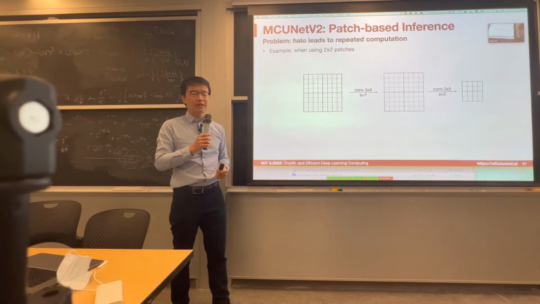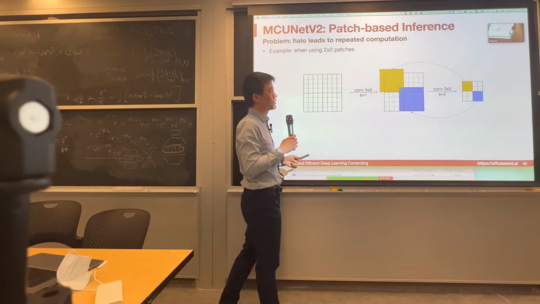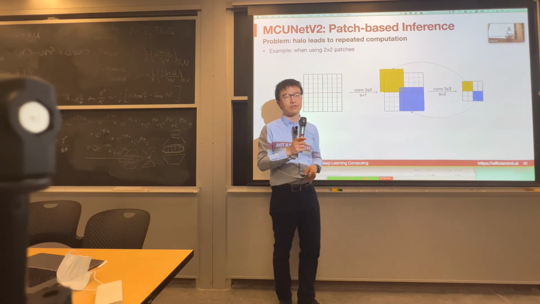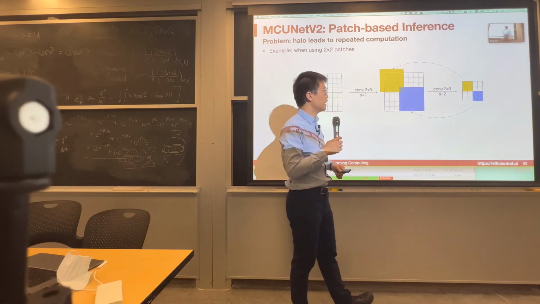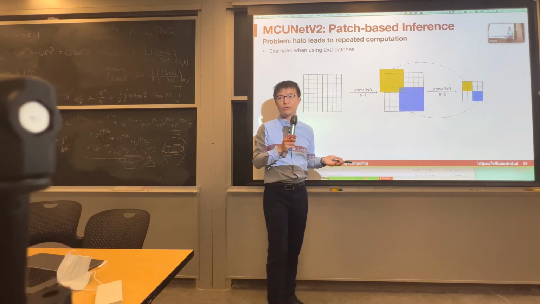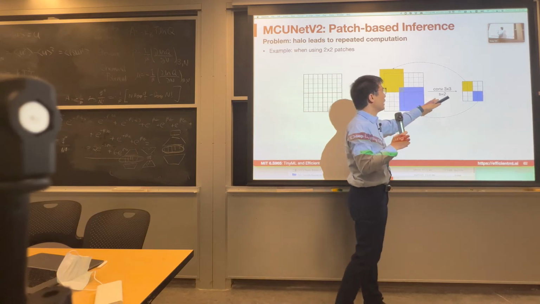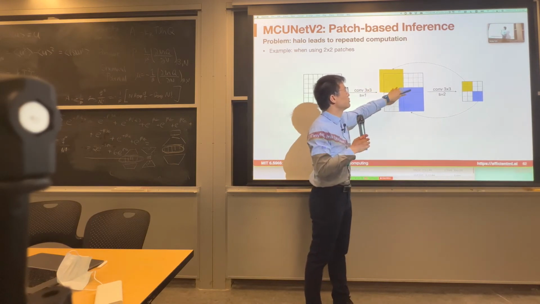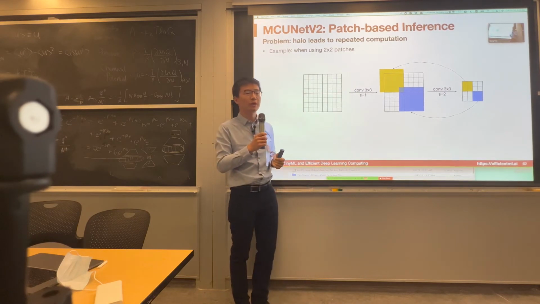So is that the whole solution? Actually, there is an issue with such patch-based inference. Imagine we are doing this strided convolution. This convolution has this receptive field, right? After one layer, the receptive field becomes amplified by 2x, since we have a stride of 2.